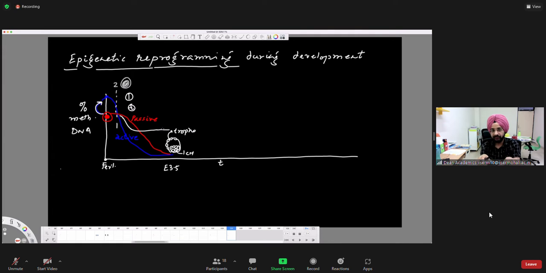DNA will be demethylated except in the trophoblast, and then this will again develop, and a DNA methylation program will be established, right? Why? Because now you need cell type specification, differentiation. So this will get methylated again.